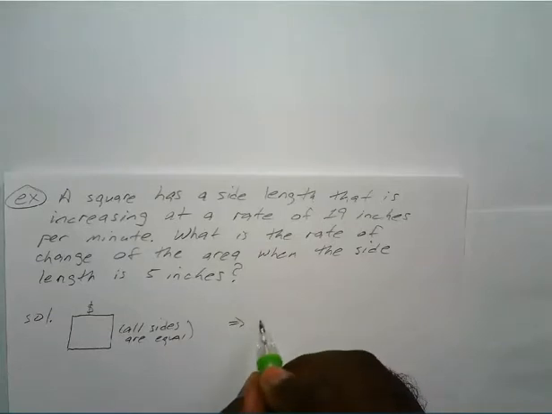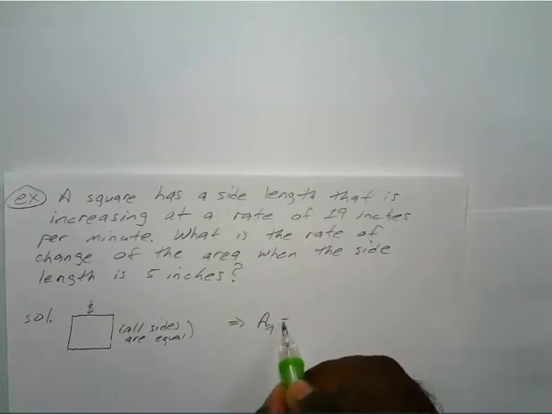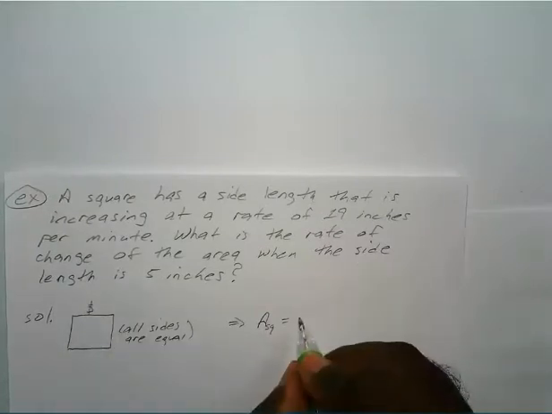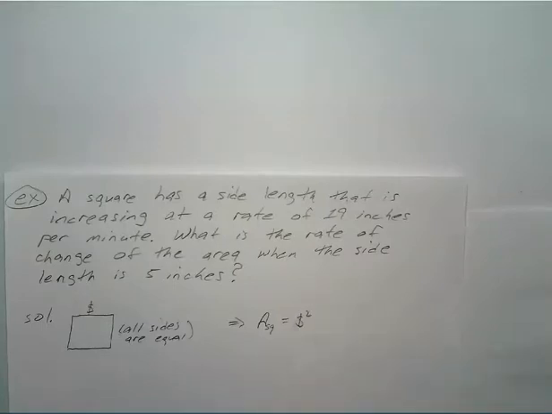Okay, so we know that the area of a square is equal to length times width, which is S times S. So it's S squared. Okay, so what do we have to do?